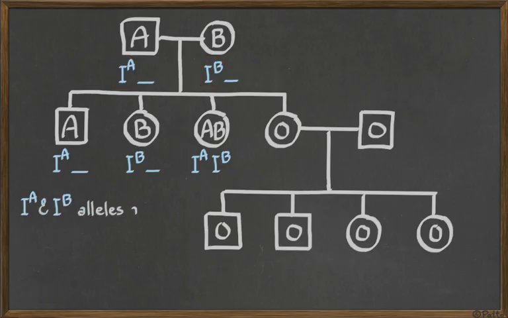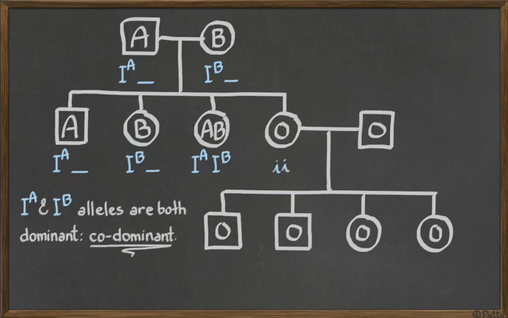So big IA and big IB are both dominant alleles, so they are co-dominant alleles between each other. However, the O is recessive. So that one is small i, small i. So how is it possible that that woman is the natural child of the first couple? Very easy.